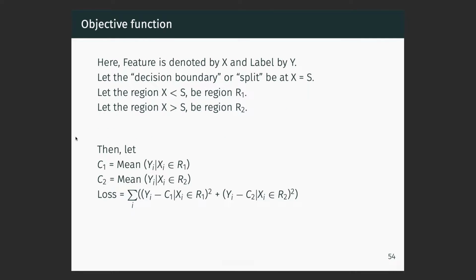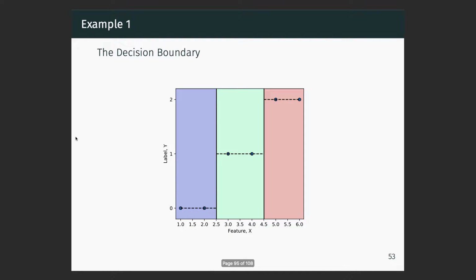And what you're trying to do is to find an s which leads to the minimum deviation in this particular region of interest. So intuitively, once you've done a split, let's say you have split into blue and red, you'll want a minimum amount of deviation across both of these splits for all the points that exist within the split.